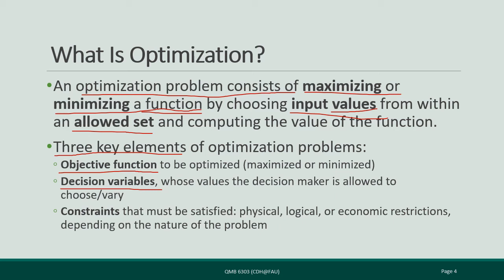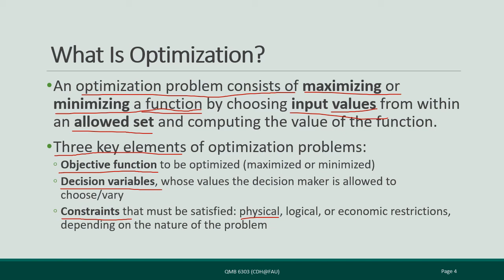Those are the constraints. The constraints must be satisfied before you can pick the decision variables, because not all the variable values may be available to you. The constraints may take different forms, maybe physical constraints, such as that you simply can't go straight when it's a T intersection. That's a physical constraint.